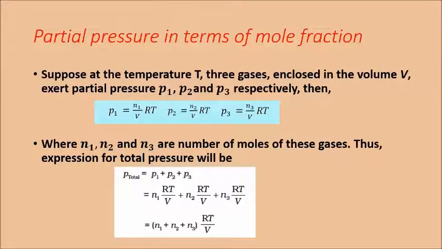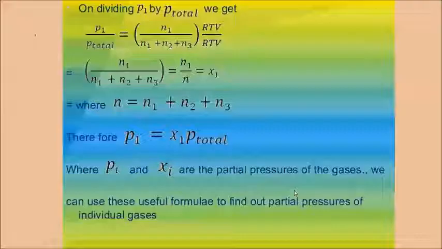If we substitute the values of these partial pressures in P total, we get N1 RT by V plus N2 RT by V plus N3 RT by V. Taking RT by V common, we get N1 plus N2 plus N3 into RT by V.